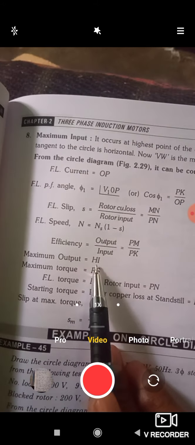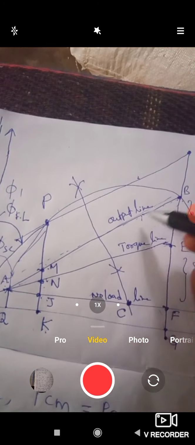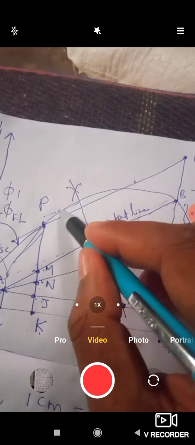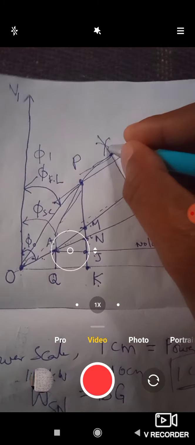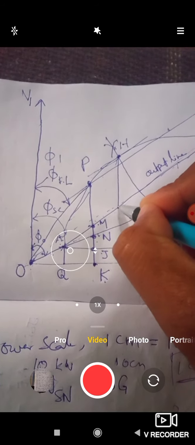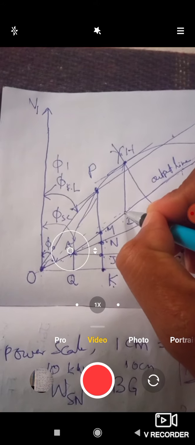Next, maximum output HI. How to determine it? We draw a tangent line parallel to the output line; this point is H. If you draw a perpendicular line here, this one is I. So HI is the maximum output.